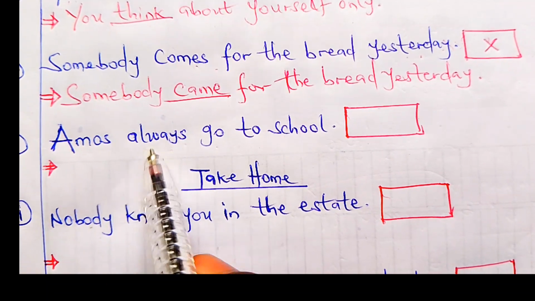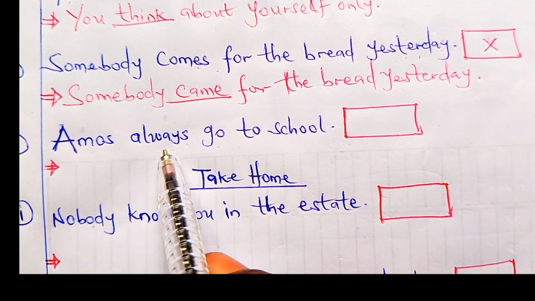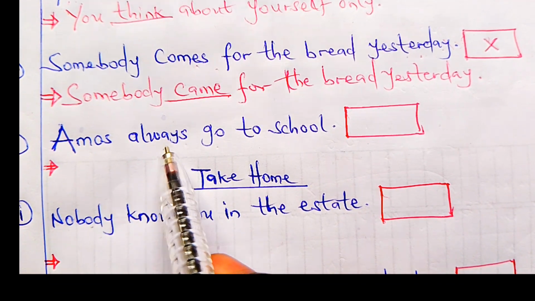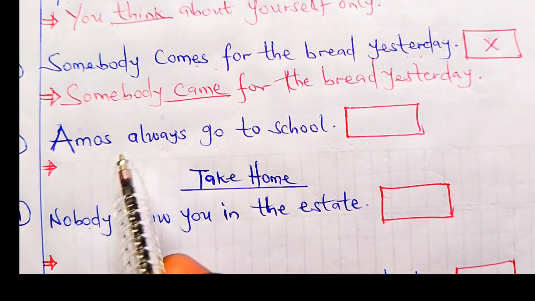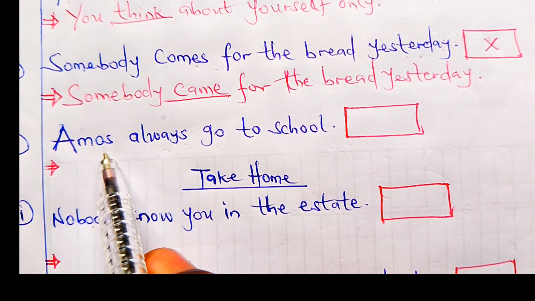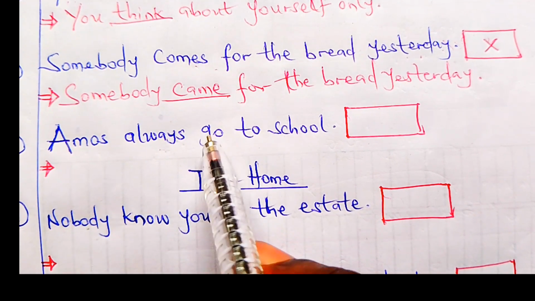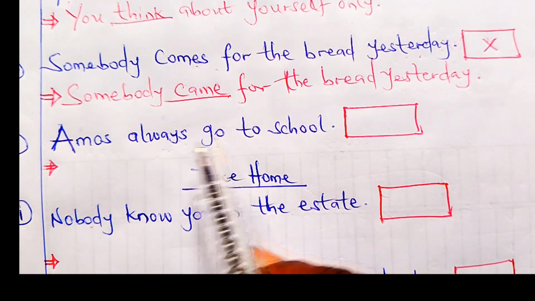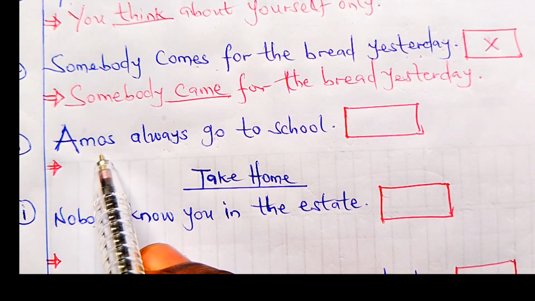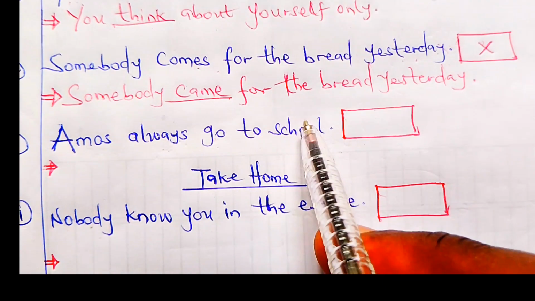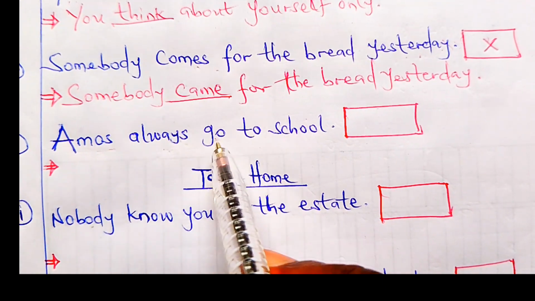Always is an adverb of frequency. So an adverb is one of the major parts of speech that could be placed directly with the subject even before you bring in the verb. But it doesn't change the fact that the finite verb is still directly related to the subject. So when you look at this, Amos always go to school. Now Amos is one person, the finite verb here is go.